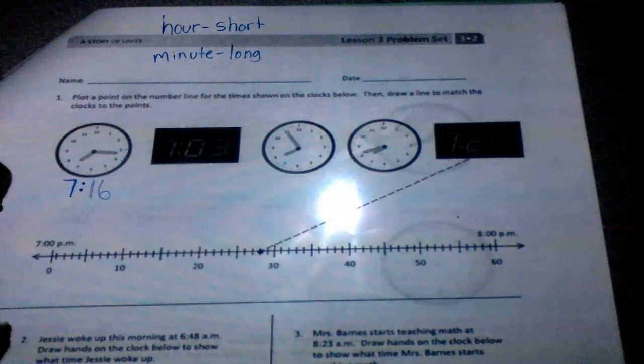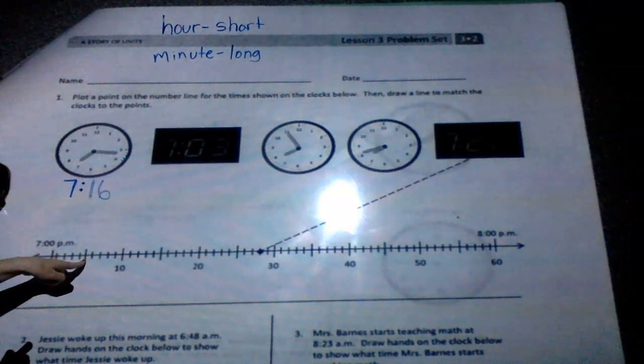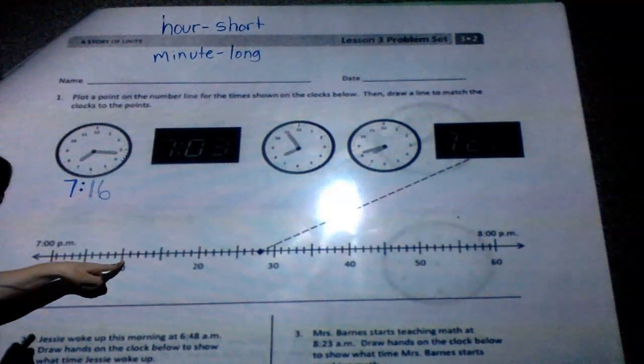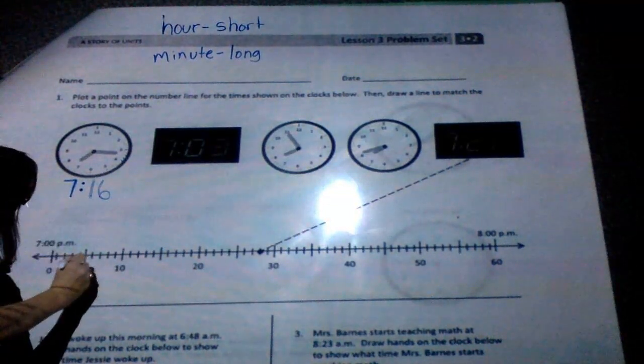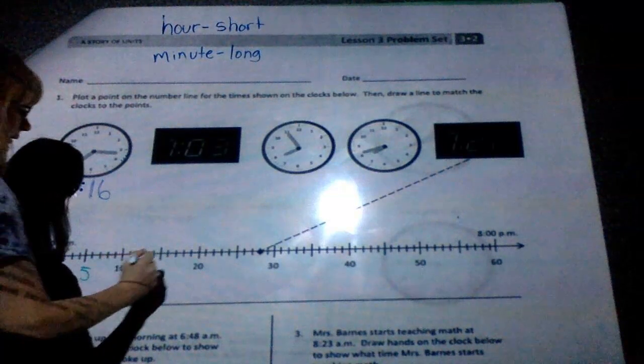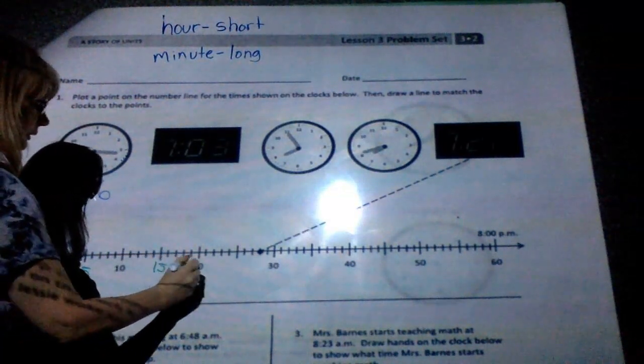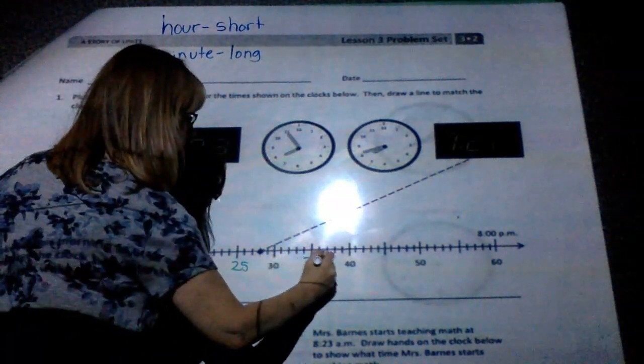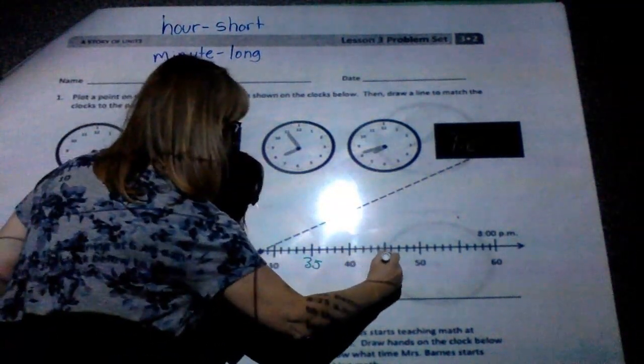Now to plot this, we have 7 o'clock right here at the 0. This would be 7:05, 7:10, 7:15. You know what? It would help us a lot if we wrote those in. 5, 10, 15, 20, 25, 30, 35, 40, 45, 50, and 55.